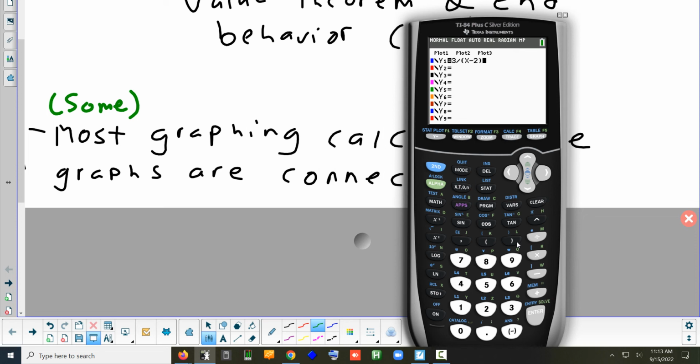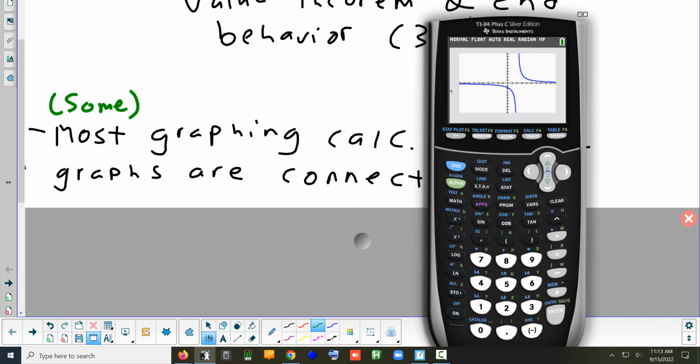So there's a problem at 2 in this graph. If I do zoom 6, you're going to see it get pretty weird as x gets close to 2. There's a break in the graph. You could not draw this without lifting your pencil. You would have to draw one piece, lift, put it back down, and draw the second piece, because there's a break in the domain.